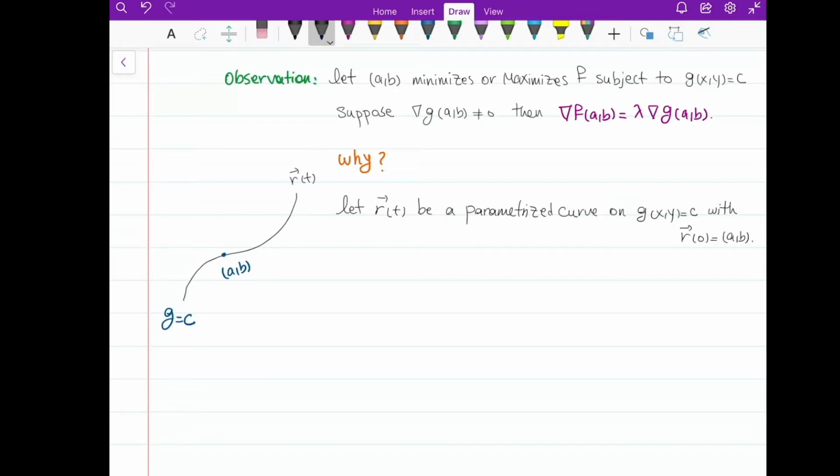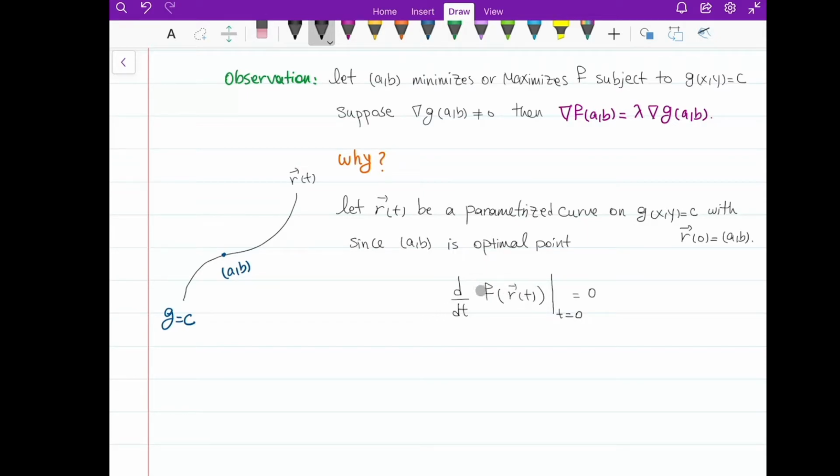Since the point a and b is an optimal point, it means that it maximizes or minimizes f, then the derivative with respect to t of f of r of t at time t equals 0, which is the time that the curve passes a and b, is equal to 0 because it's the optimal point. So the derivative of the function at the optimal point is equal to 0.